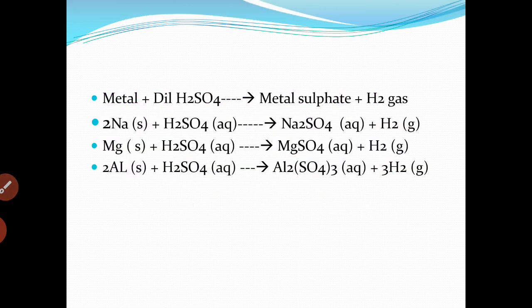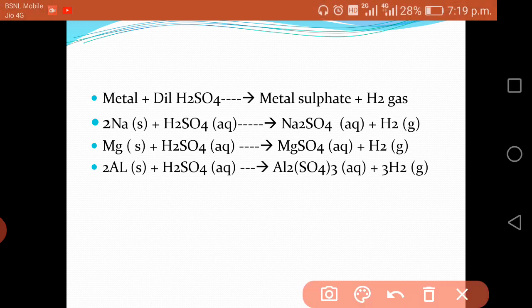Now the reaction of metals with dilute sulfuric acid. So we know that when the metal reacts with dilute sulfuric acid, it gives metal sulfate and hydrogen gas. Now let's see when the sodium reacts with dilute sulfuric acid, sodium sulfate is formed with the hydrogen gas.